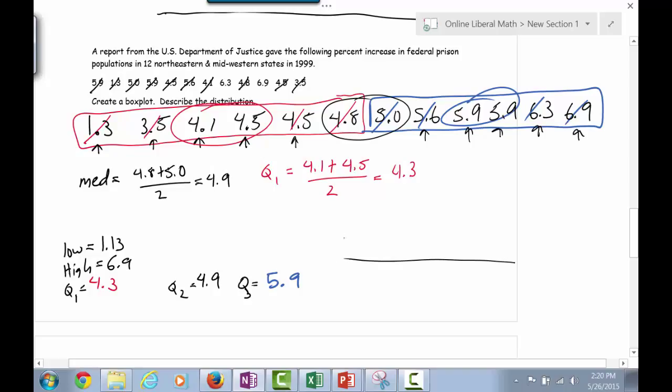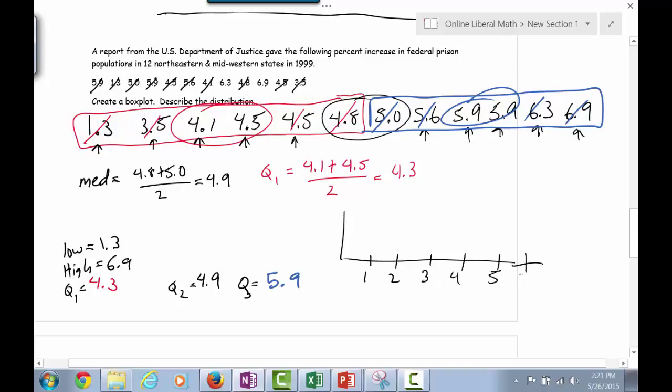So let's see. Just realized that it should be 1.3 for the low. My decimal point got excited there. So 1.3 for the low. And then, it usually helps if we put some sort of scale on this.